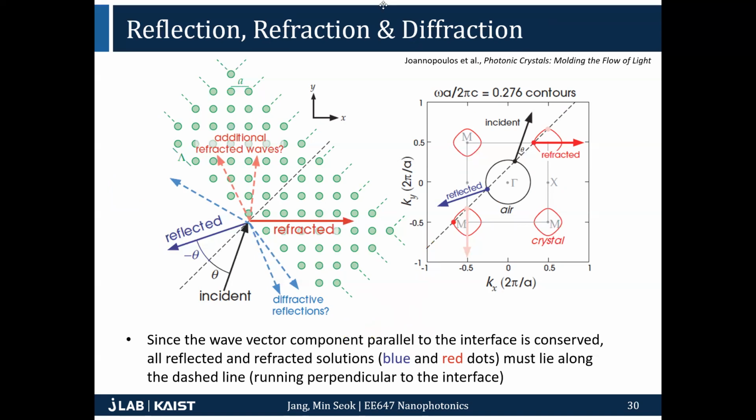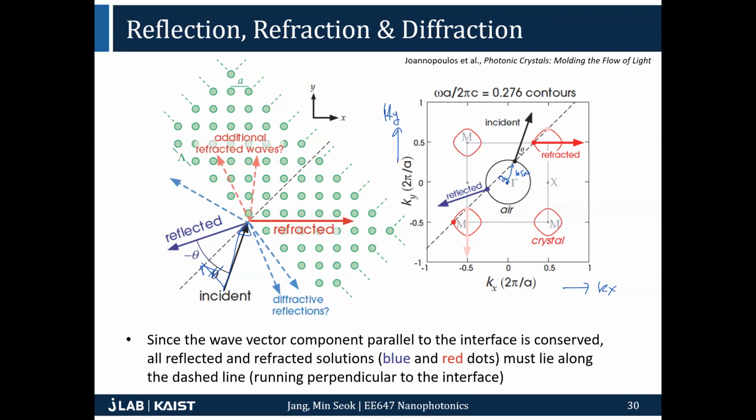If you look at, yeah, this plot is not too easy to understand, but anyway, this is Kx and this is Ky. This is your incident light. Here's the gamma point, zero K vector, and the incident light having this K vector, for instance. Then its surface parallel component is this.